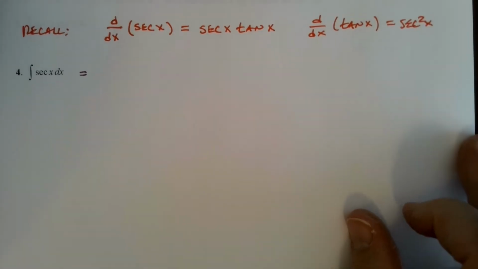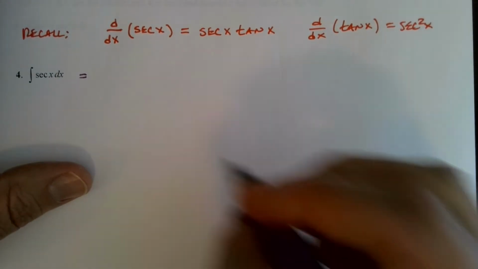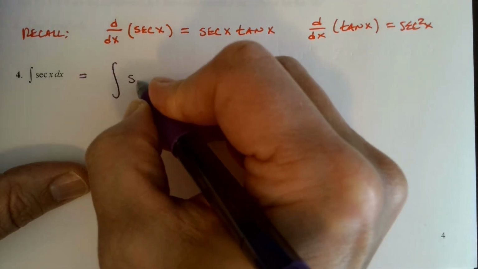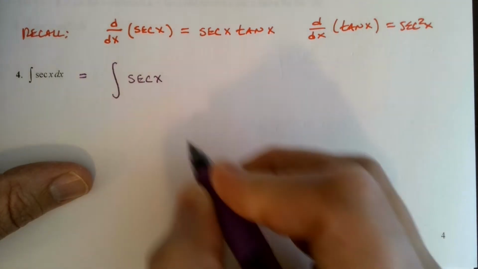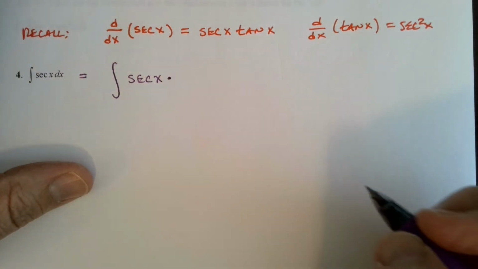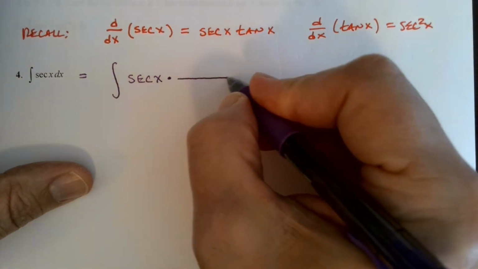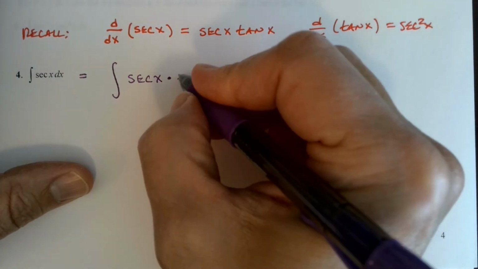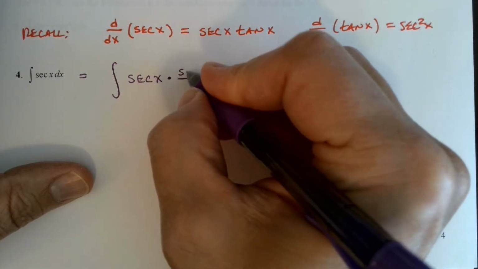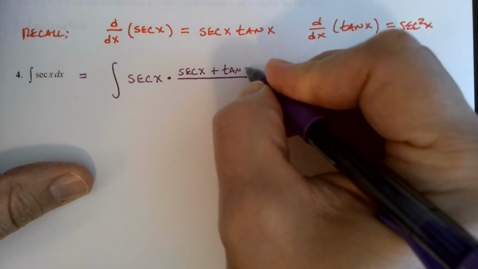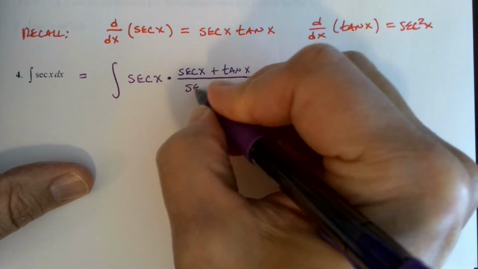And so I'm going to do a little thing that might seem kind of strange. I'm going to rewrite what we're integrating as an equivalent fraction. Essentially, I'm going to multiply by 1, by multiplying top and bottom by secant x plus tangent x.